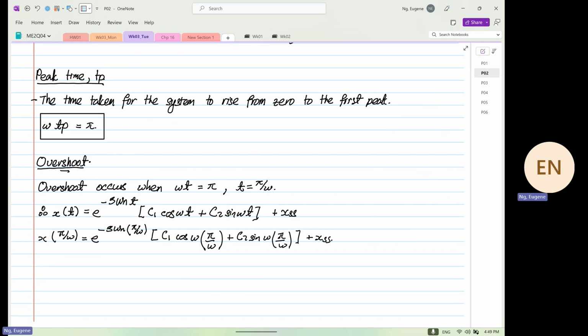Okay, so in radian, right? So I wrote up the first expression. Exponential function of minus zeta omega n pi over omega, bracket by, so pi, cos of pi is equal to minus, okay, so this is minus C1 plus by 0, and this is plus XSS.